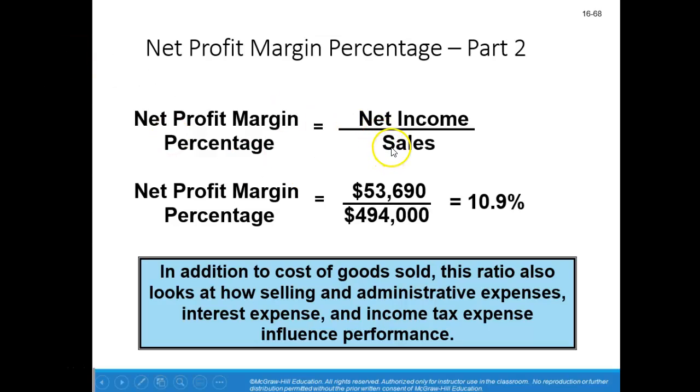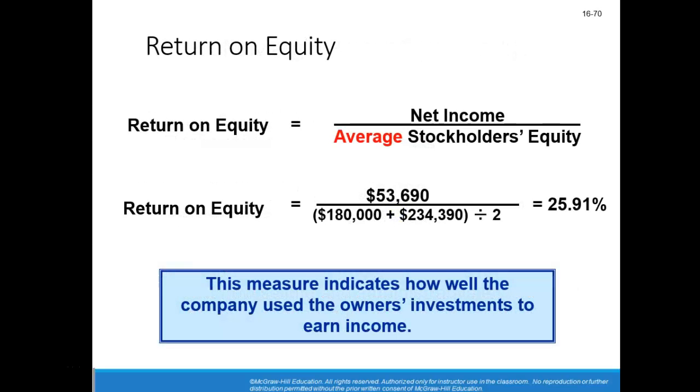So net income divided by sales will give us our net profit margin. Our net income represents 10.9% of our total sales that took place during the accounting period. That's known as your net profit margin percentage.